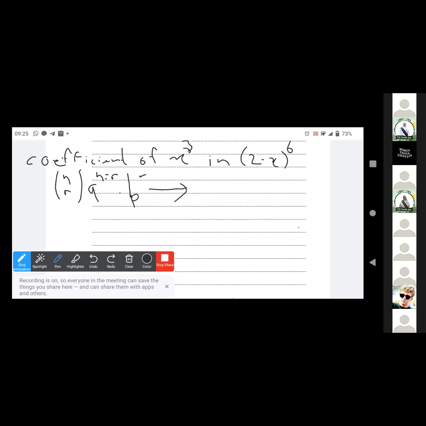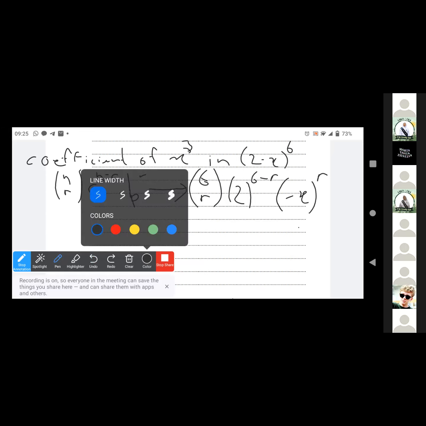Each term basically looks like this: 6 choose R times 2 to the power of 6 minus R times negative x to the power of R. Each term looks like this, and we want this term to have a variable of x cubed.